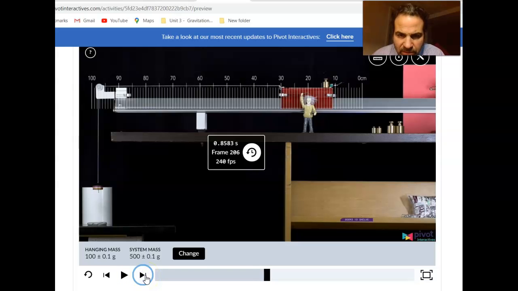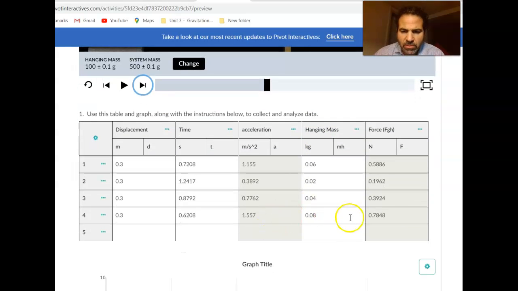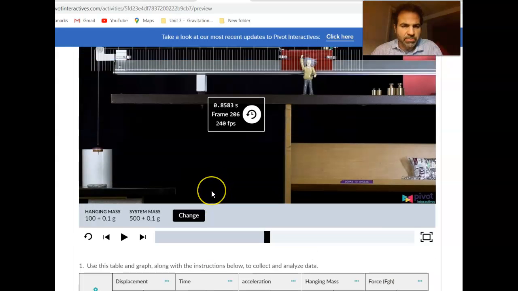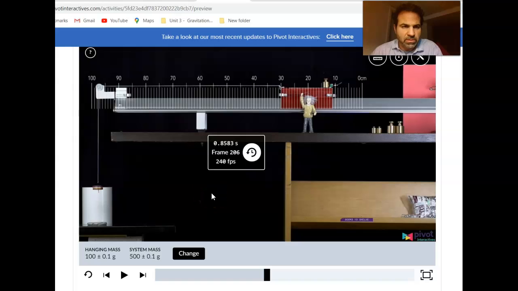Like right here, I'm getting 0.8583. That doesn't seem to make sense to me. It seems like this should be the shortest amount of time because I had the most mass, right?